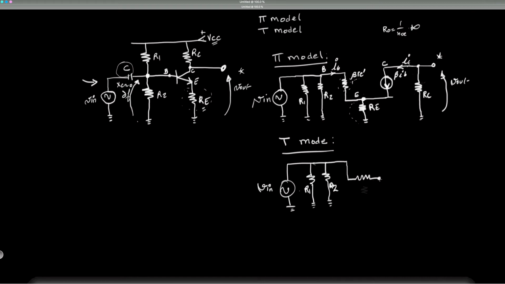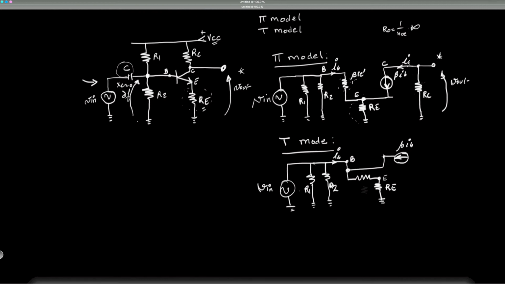however, this would be the emitter, but we will put RE here, ground, but we're going to connect our current source right here. Still beta IB, assuming little IB is here, assuming this is the base.